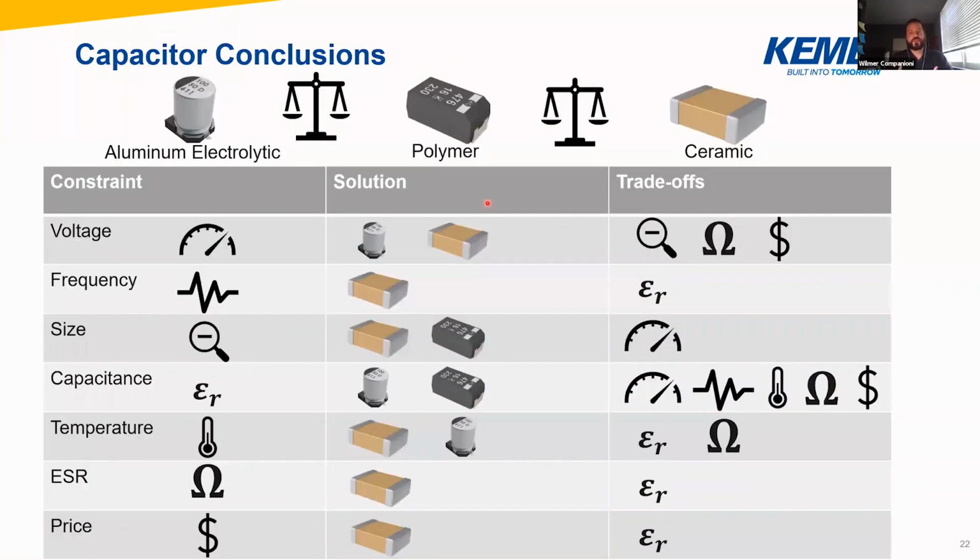So let's get to some capacitor conclusions. Arriving at the target capacitance using those equations I mentioned earlier is only the beginning. And arriving at that target capacitance can be accomplished using several different capacitor options, each with their trade-offs.